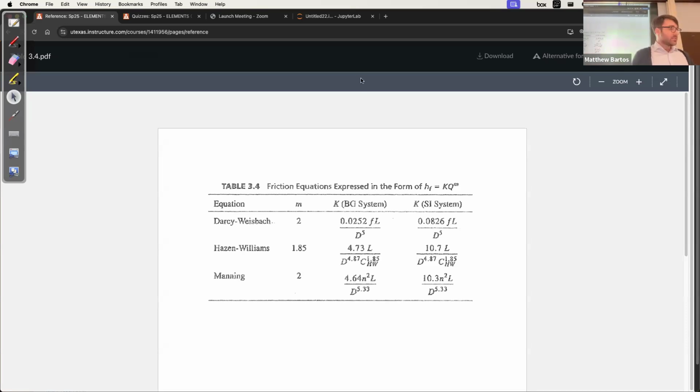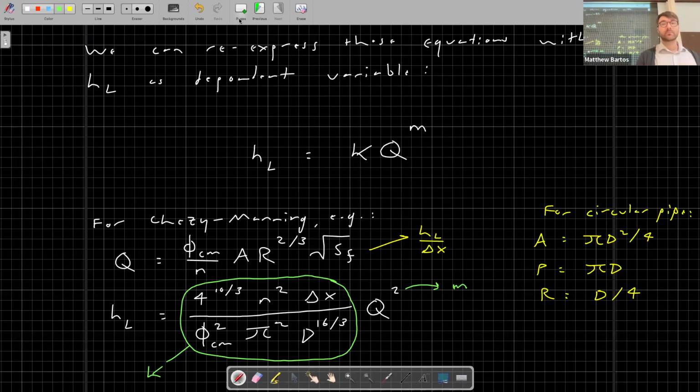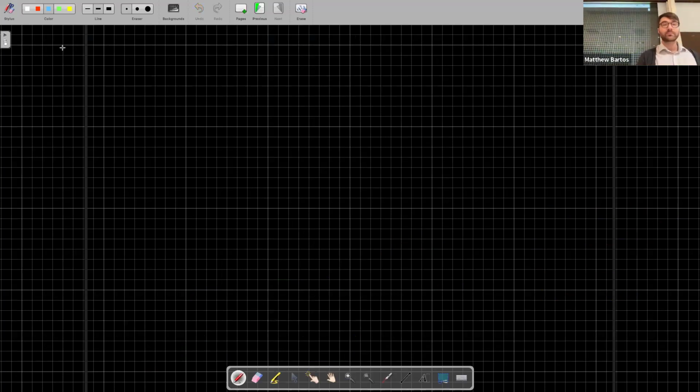Let's go ahead and do an example applying each of these different empirical equations to computing the flow in a pipe. Let's say we have a horizontal pipe made of cast iron with a diameter of 10 centimeters.